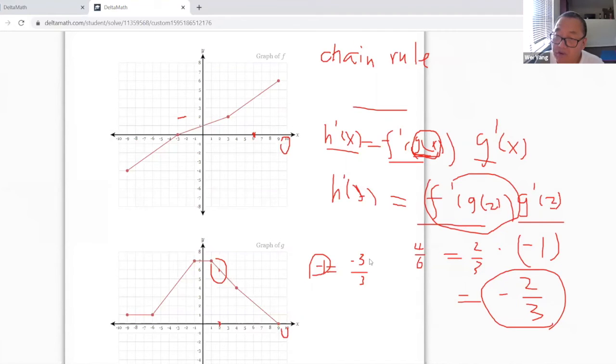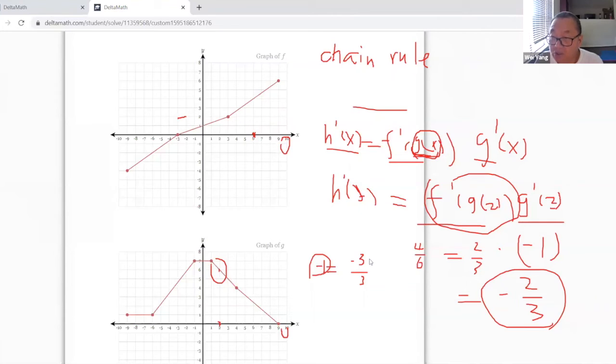So we need to find the slope of this line. X increases 1, 2, 3, 4, 5, 6, so x increases 6 and y increases 1, 2, 3, 4. So delta y over delta x is 4 over 6.